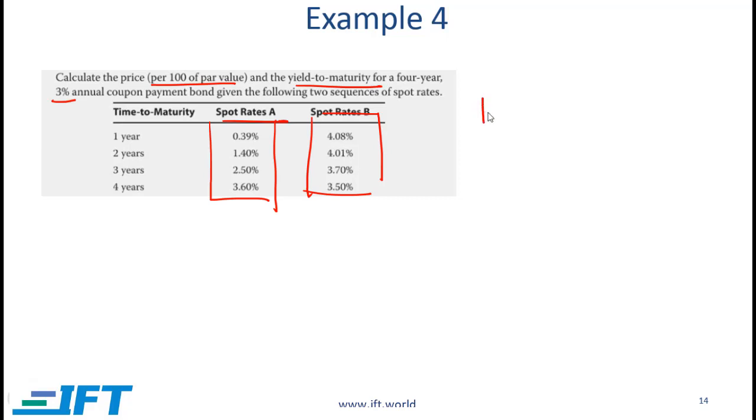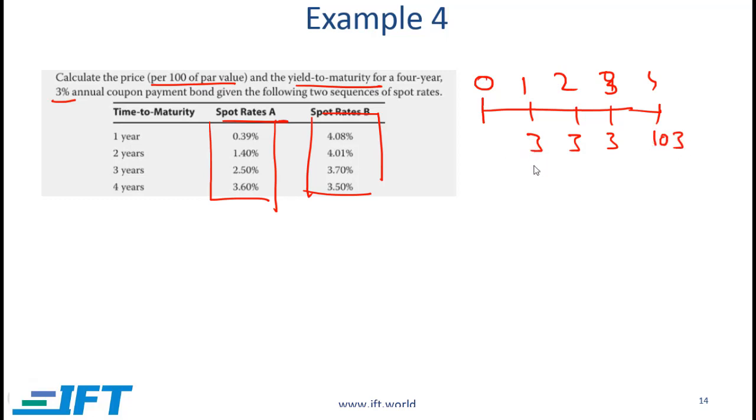The first thing to do is recognize the cash flows associated with the bond. This is a 4-year bond, so we will have 4 cash flows, and those cash flows based on $100 par would be 3, 3, 3, and 103.